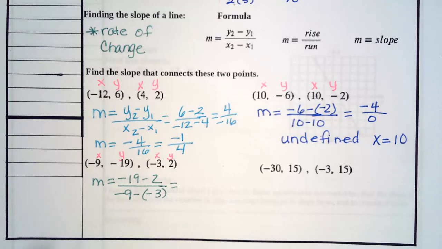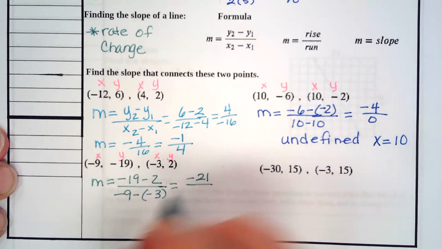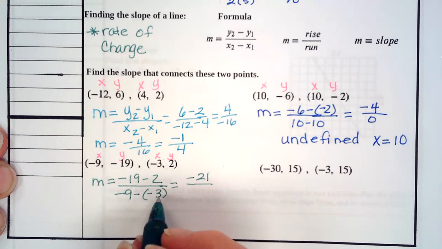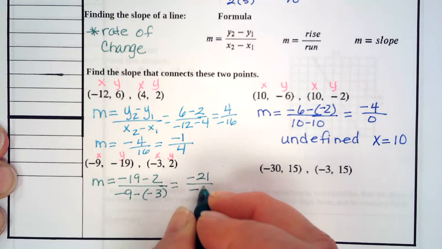Negative 19 minus 2 more will be negative 21. Negative 9 plus 3, you don't minus a negative, you plus a positive. Negative 9 plus 3 is negative 6.